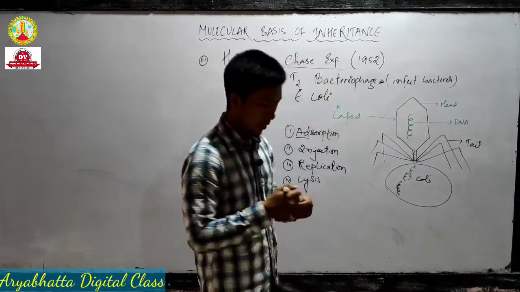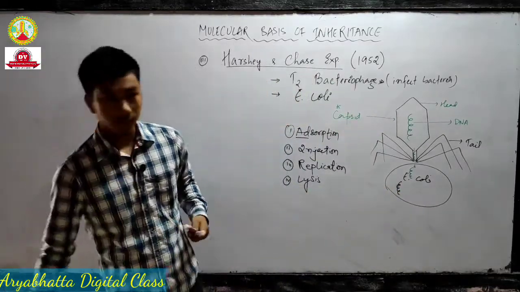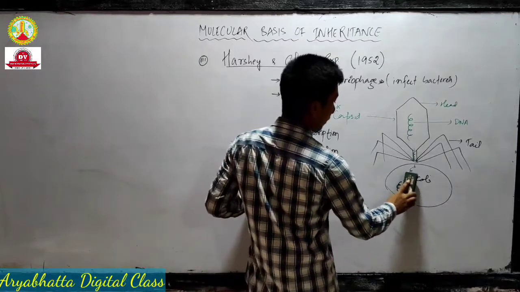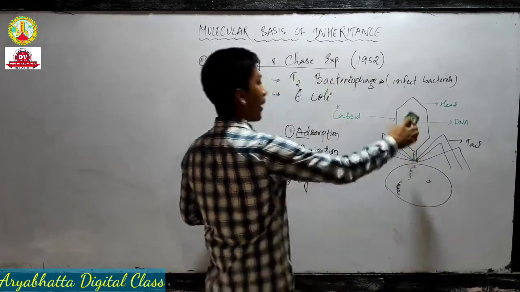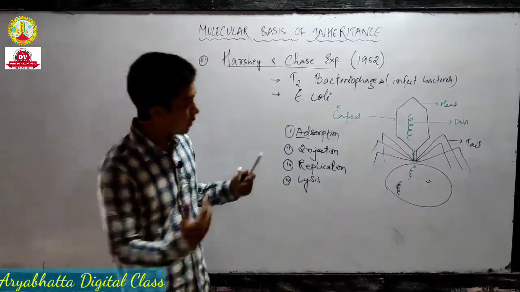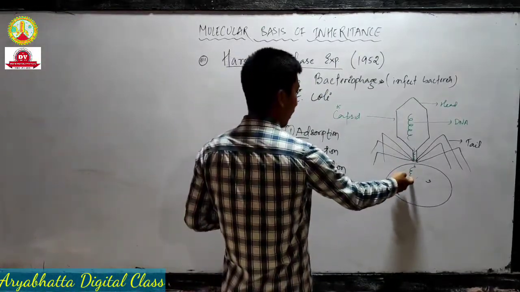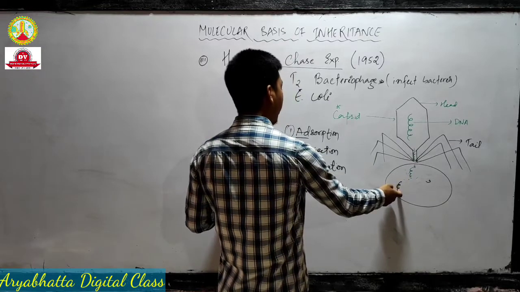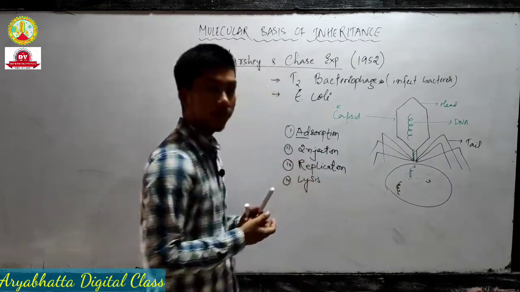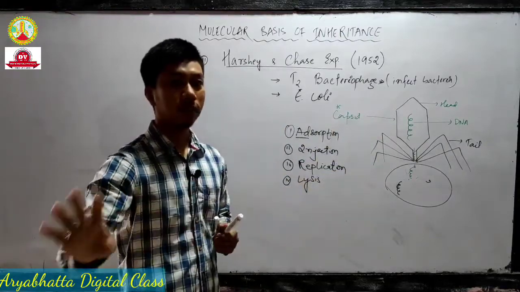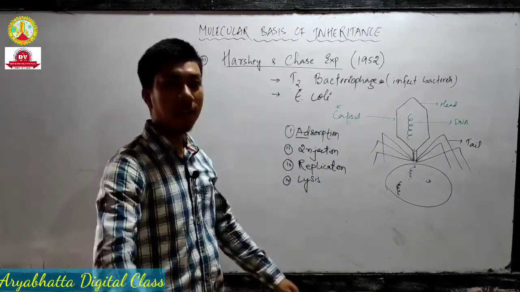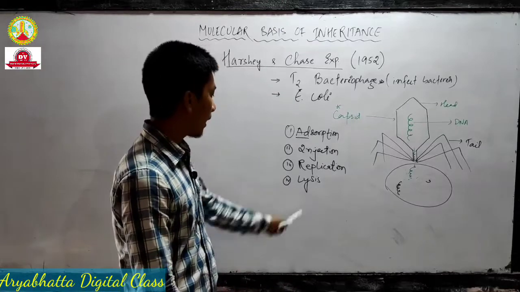In black color here is the bacterial DNA, and the green color DNA is the viral DNA. So what happens next? The viral DNA will try to break the bacterial DNA, and they will multiply inside the bacterial body. So we call it lysis.